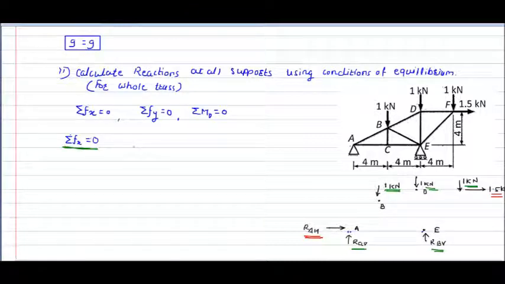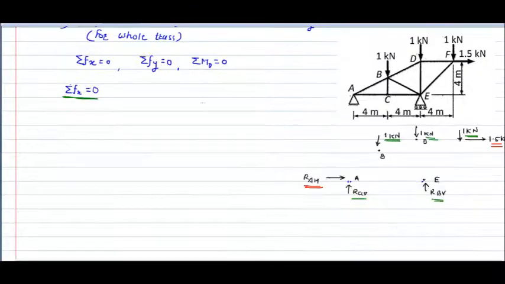These are the only two forces which are in horizontal direction, and its sign convention you should take according to the coordinate axis. That is, forces acting along the positive direction of the x-axis should be positive, and forces acting along the negative direction of the x-axis should be negative. Now from this we can write down the complete equation: RAH is one force in horizontal direction, that is plus in positive direction, plus 1.5 kilonewton.